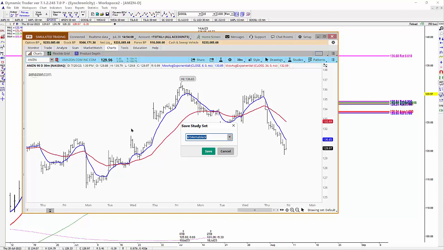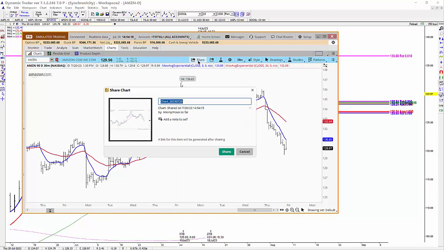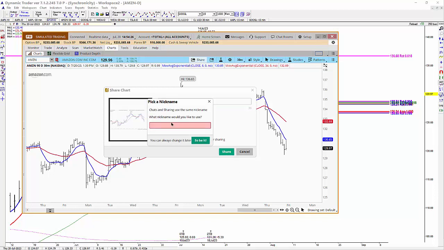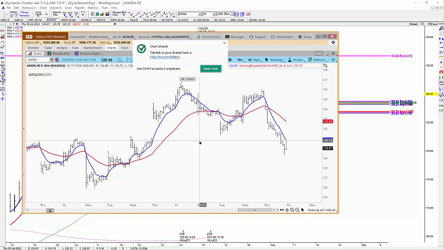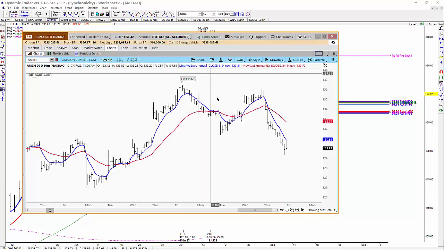So why isn't this working? Cancel the save box. Cancel. Okay, so now just share. I probably can't even do that. Open link. Oh my God, what is all this?